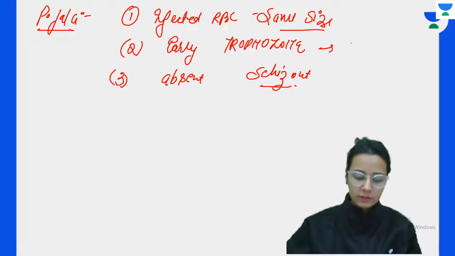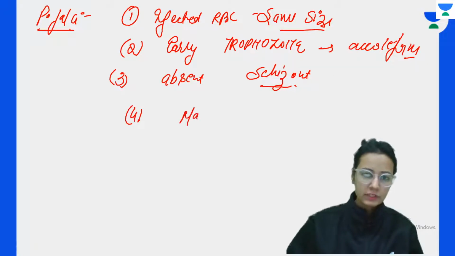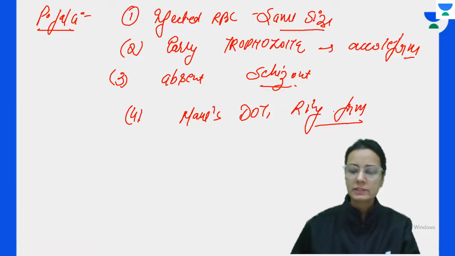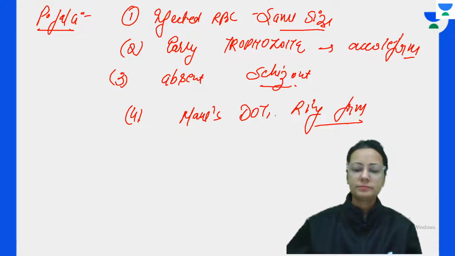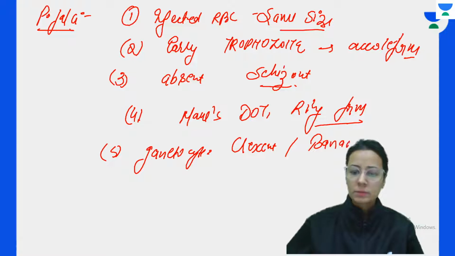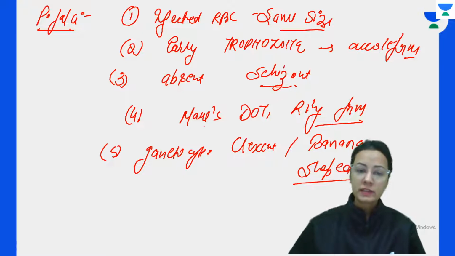The early trophozoite is in the form of the ring form, and we have the Maurer's dot. And the gametocyte is important: it is crescent or banana shaped.